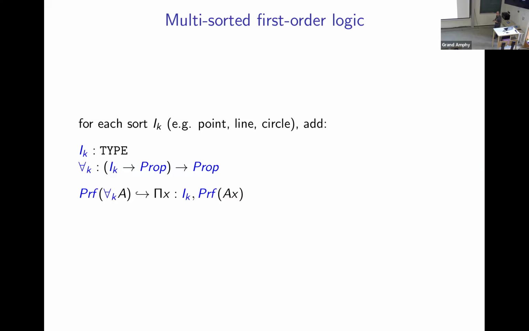For instance, if we want to do geometry, then we have a sort for points, lines, and circles. And it's not a problem. We can just introduce some new type constant for each sort in the first order logic theory, with some corresponding quantifier. Okay, and the same rules as we had.